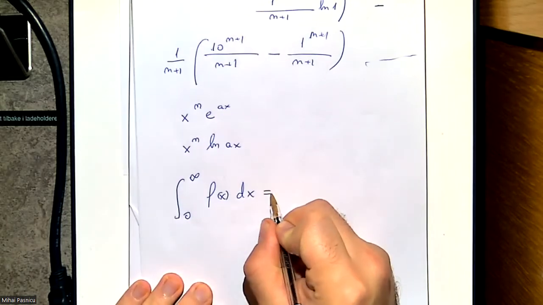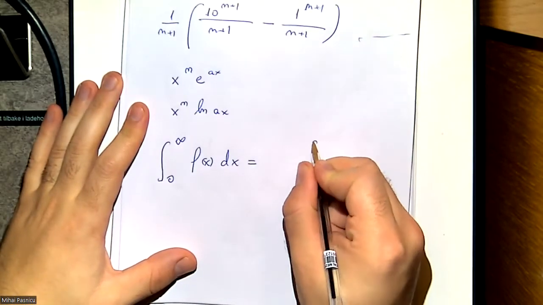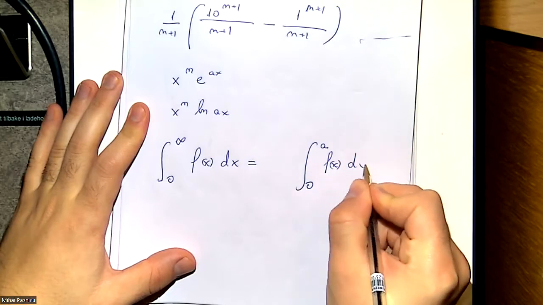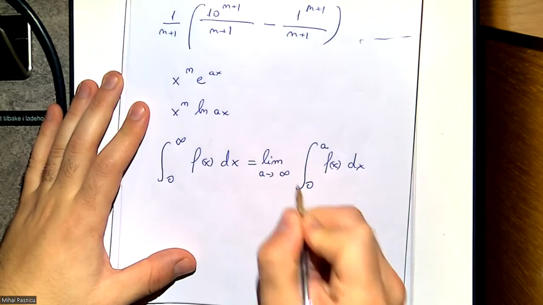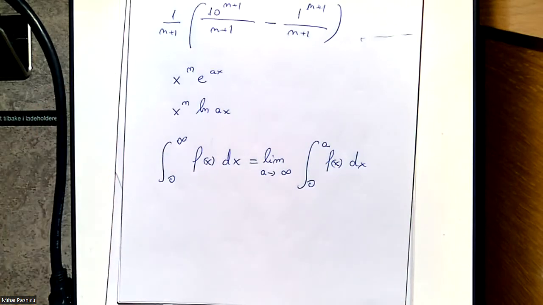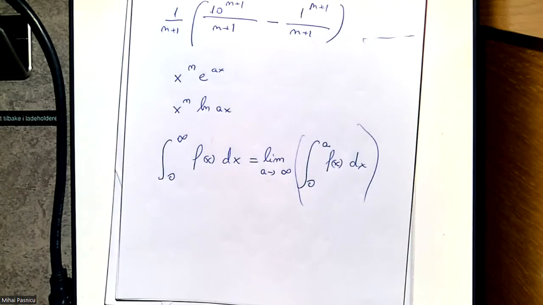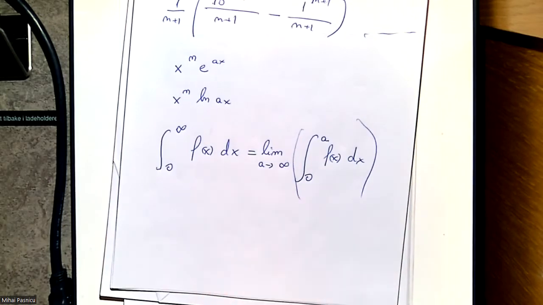The way you compute this, you just write it as the integral from 0 to a of f of x dx, and then you take the limit when a goes to infinity. So you compute the integral separately, and then just take the limit of it. Now, the integral part, relatively no problem. The limit part, I'm not sure about that.